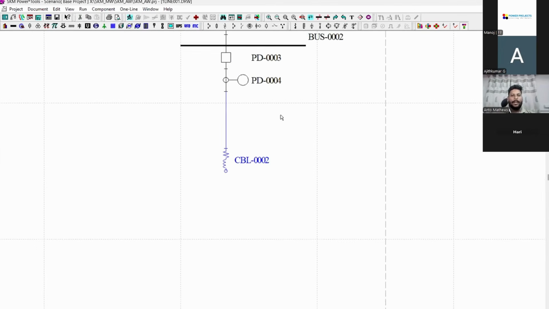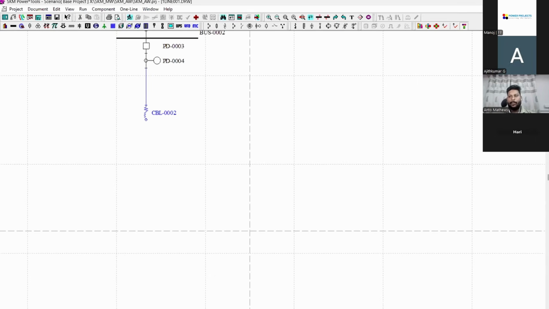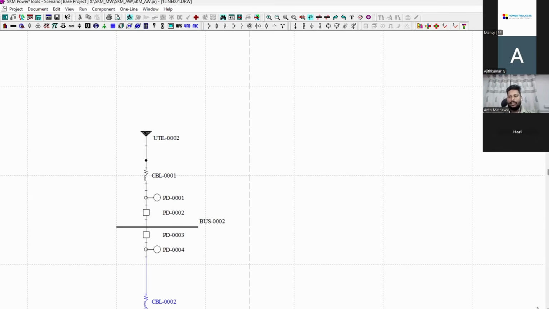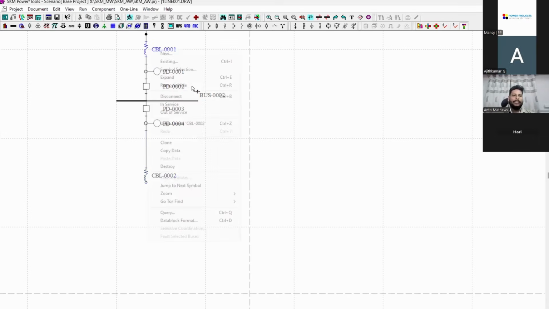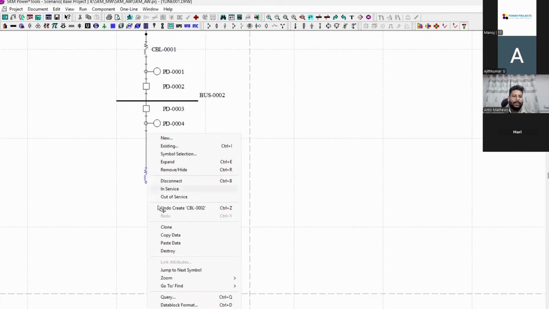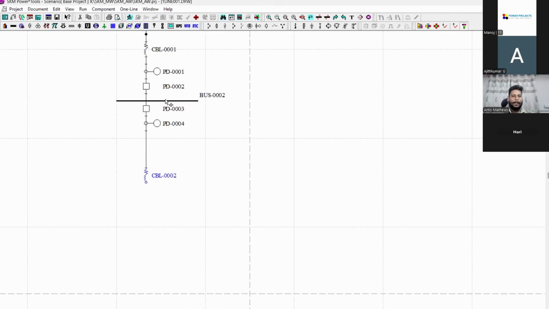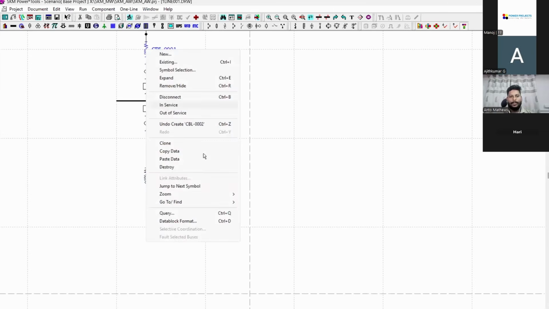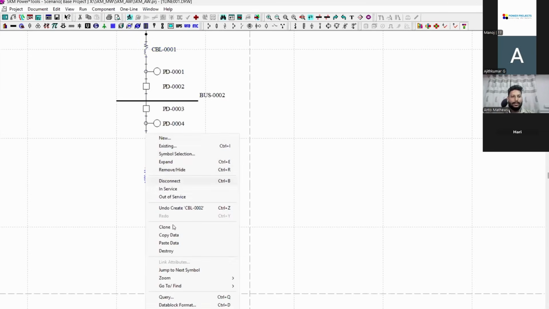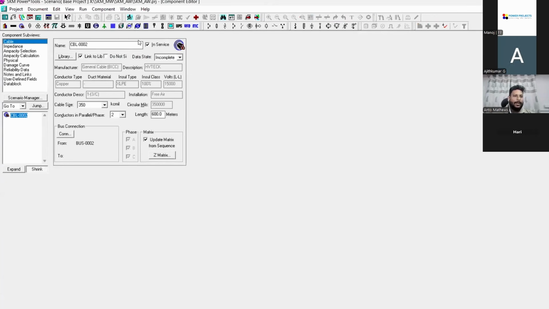After the protective device, there is a cable which I am going to consider. This time I'm not going to model this cable in detail. I'm just copying the data from the existing model. I will copy the parameters and paste them, so my parameters are updated over here.